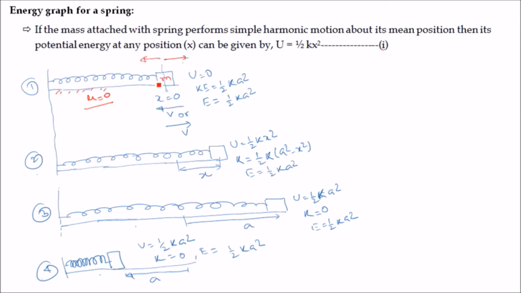In this case, the spring is at its natural length L and there is no compression or expansion, so the potential energy is equal to 0 while kinetic energy is equal to half ka square, and the total energy E, which is basically the total mechanical energy, is the sum of potential energy plus kinetic energy, and it is equal to half ka square.